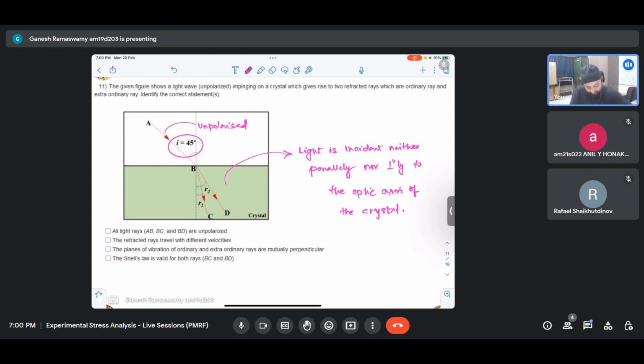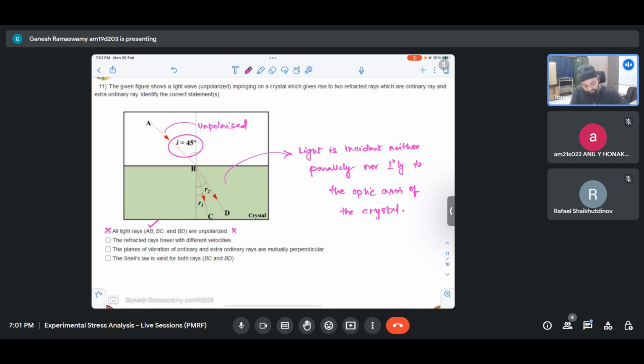All light rays AB, BC and BD are unpolarized. This is not true, because once light enters a crystal, the crystal can only support polarized light, albeit there will be two polarized lights which are mutually perpendicular and can have different velocities. In special cases they will have the same direction; in other cases, different directions. So this is not true.